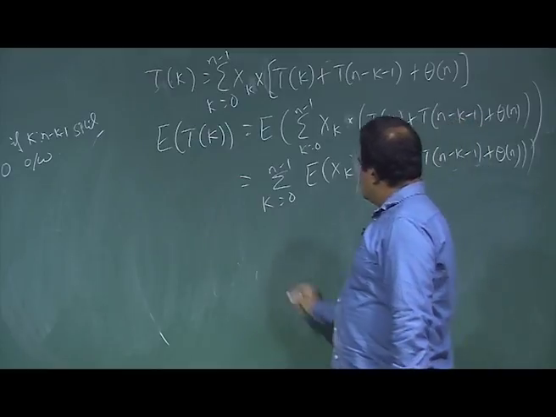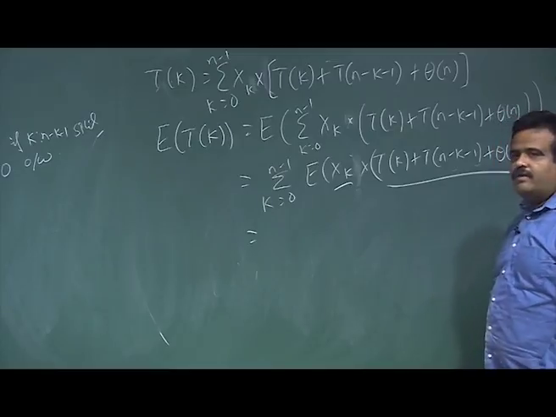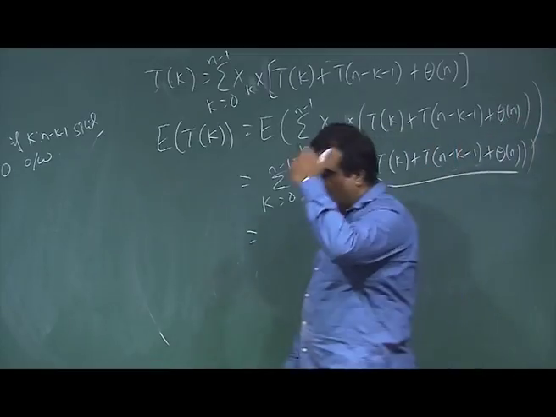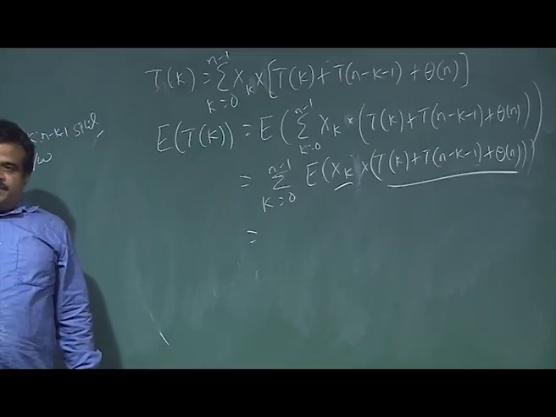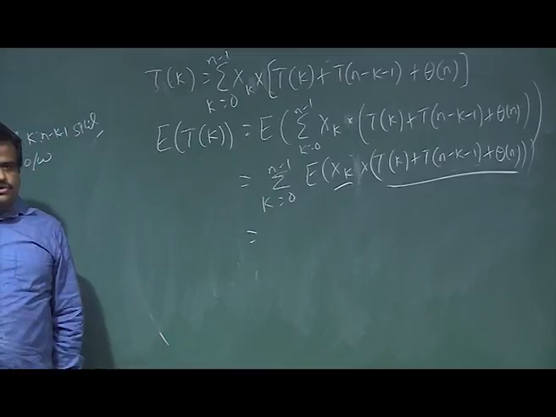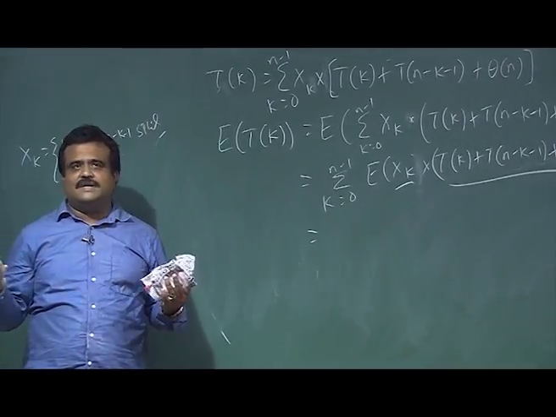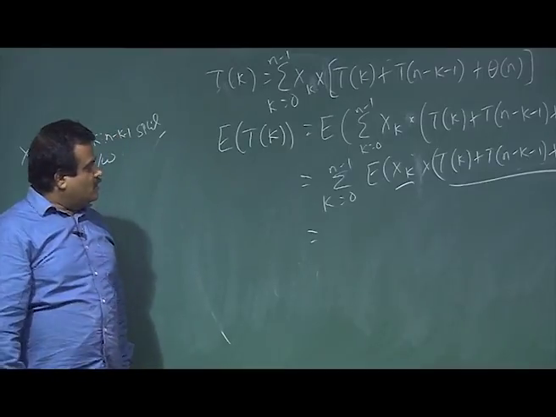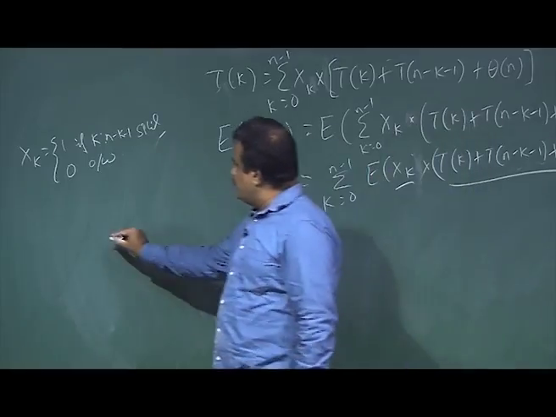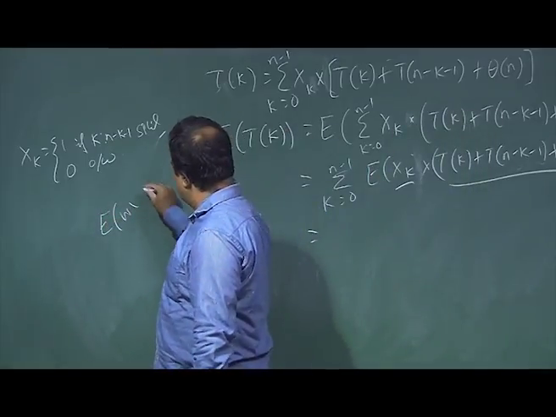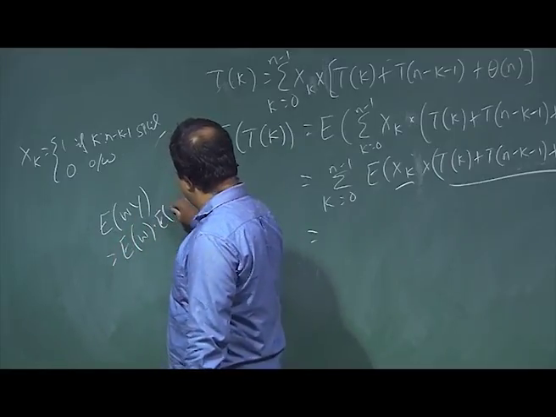Okay. So now if we take these to be independent random variables, this and this. Why is the independence coming? We are choosing the random number for choosing the pivot element, and in every subsequent step we have to choose again. If those choices of random number are independent, then we can say this is independent. If we assume that independence, then for two independent random variables w and y, the expectation of their product can be written as the product of expectations.